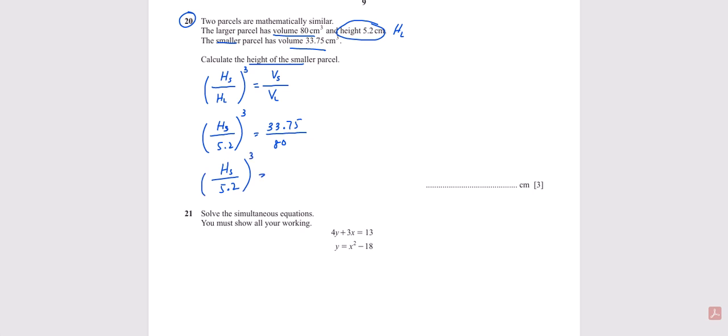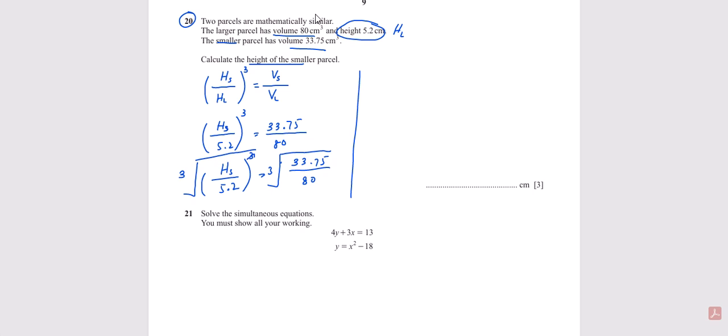Calculate these values. First of all, taking cube root on both sides, 33.75 divided by 80.